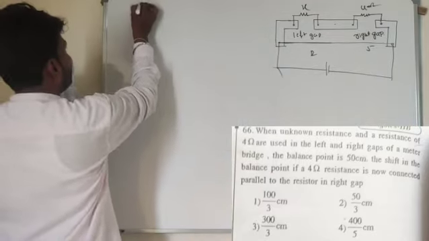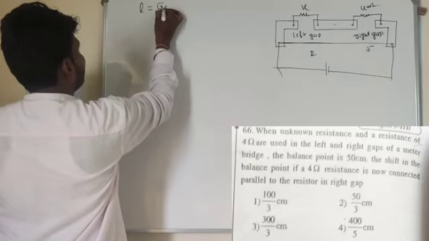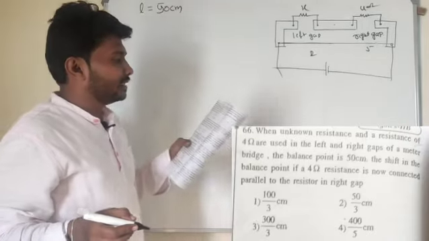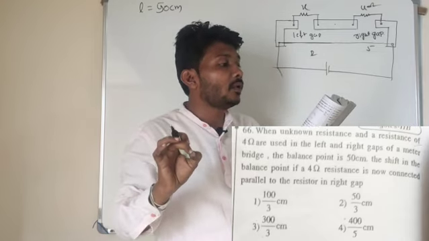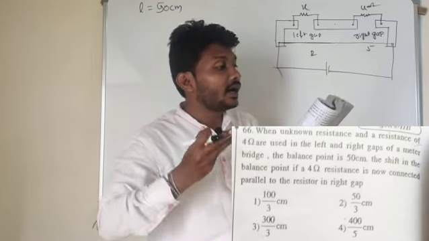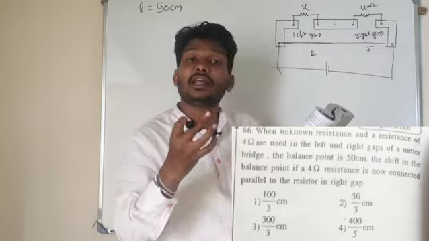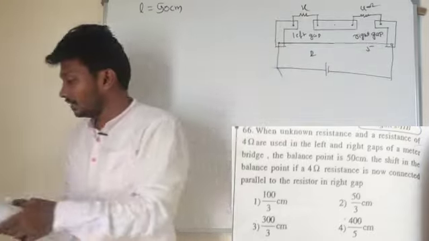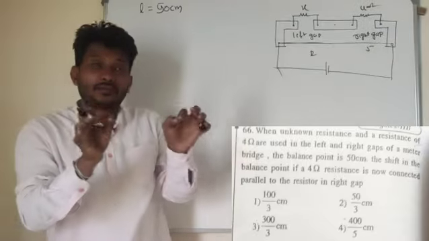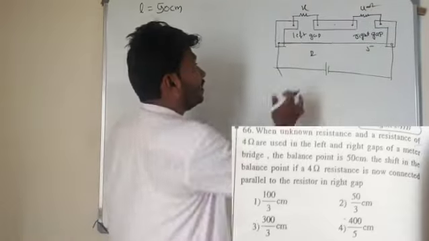If you use it like that, the balancing point will be at 50 centimeter, right? What is the shift in the balancing point if a 4 ohm resistance is now connected parallel to the resistor in the right gap here? In that right gap already a 4 ohm resistance is there. Again another 4 ohm resistance I will connect parallel to the right gap.